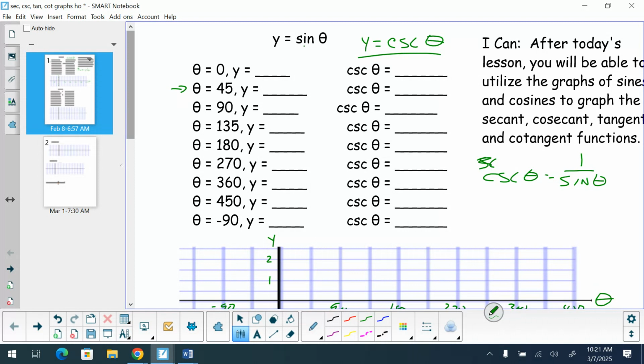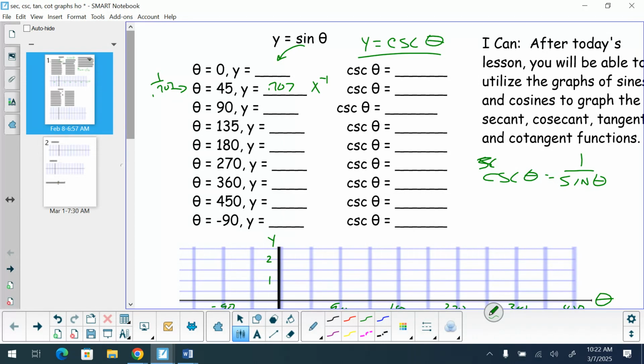If we find the sine of 45 degrees, in our calculator, you get a decimal equivalent of 0.707, and some change. To find the cosecant of that, we have to reciprocate this, which means 1 over 0.707.